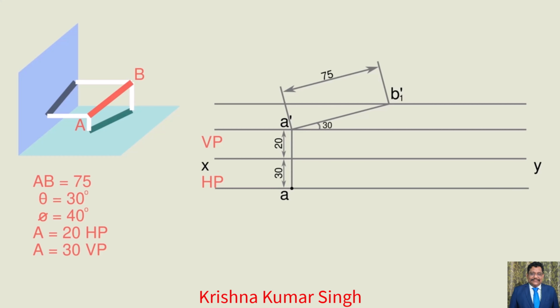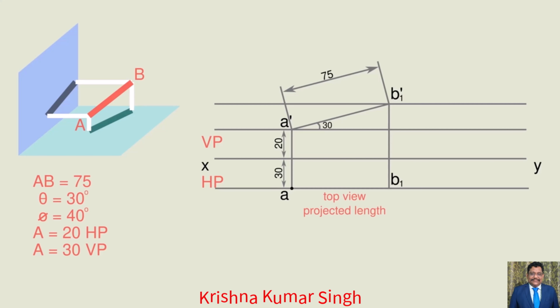Now keep point A below the reference line with 30 mm distance, which is nothing but the distance between VP and A. Then draw a horizontal line from point A. Now project a line downwards from point B1' until it touches the horizontal line drawn from point A. Name that intersection point as B1. This AB1 line gives the top view projected length.